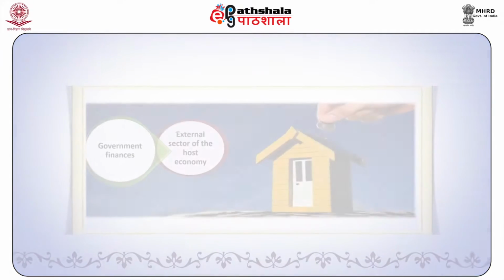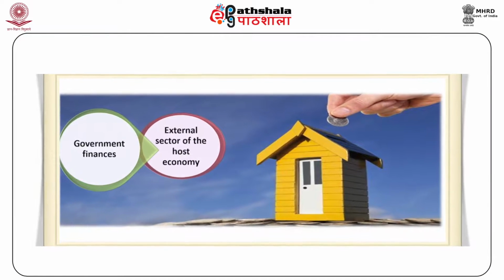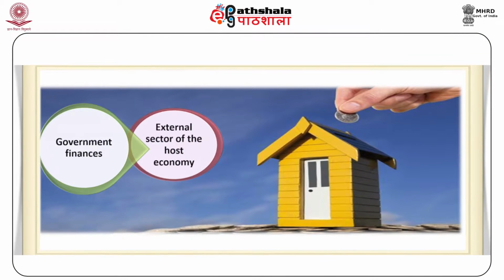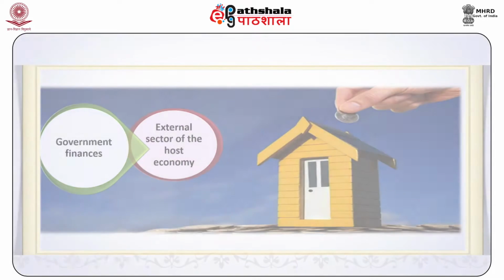Macroeconomic sustainability in the form of lower inflation and a steady exchange rate are also considered favorable to attract a larger volume of FDI. This factor contributes to diminished uncertainty risk as it helps to moderate inflation and exchange rate volatility. In this context, macroeconomic sustainability highlights two variables, which are government finances and the external sector of the host country.